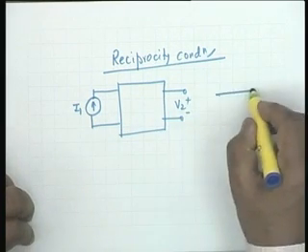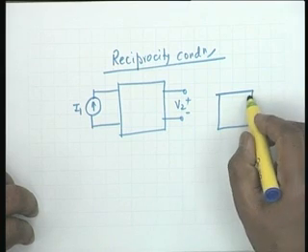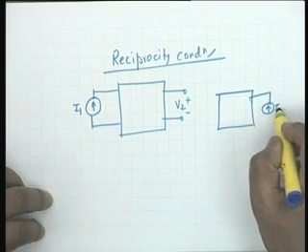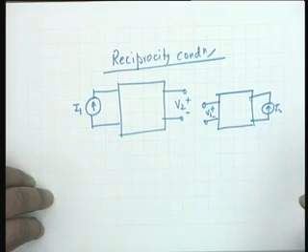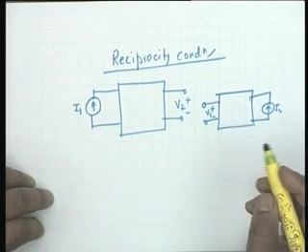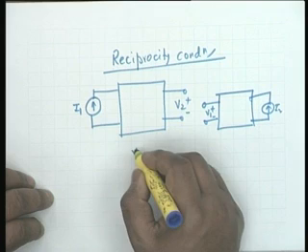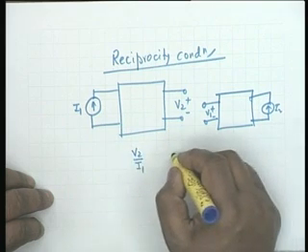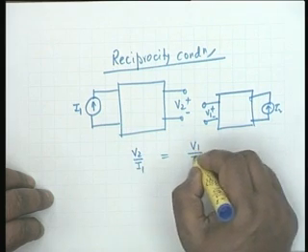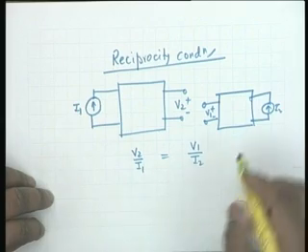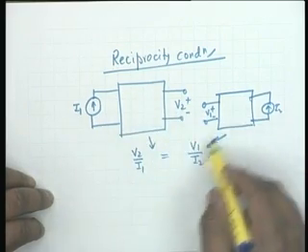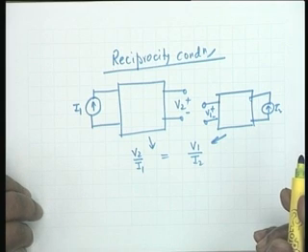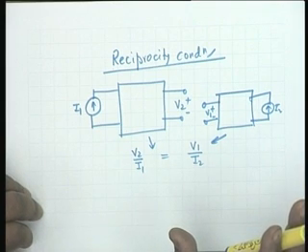In other words, if I change my excitation and response as I2 and V1, under these two conditions, the relation between V2 and I1 should be equal to V1 by I2, all right. V2 by I1 is measured from here and V1 by I2 from here. Okay. This is the reciprocity condition, this is the reciprocity theorem.